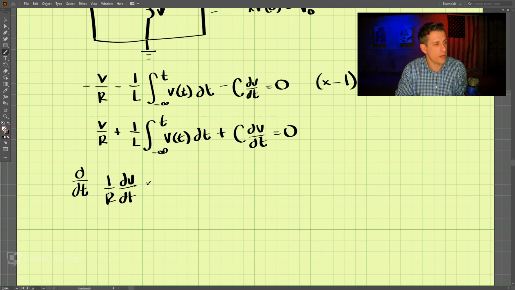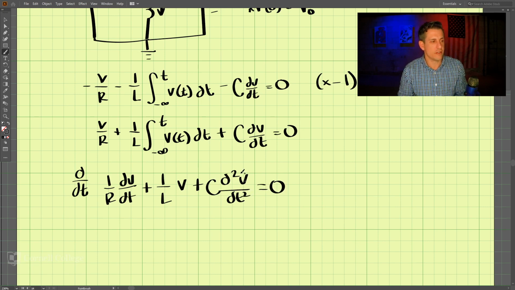And then here we get 1 over L, and the derivative of the integral is just V, and then we have plus C d squared V over dt squared equals 0.